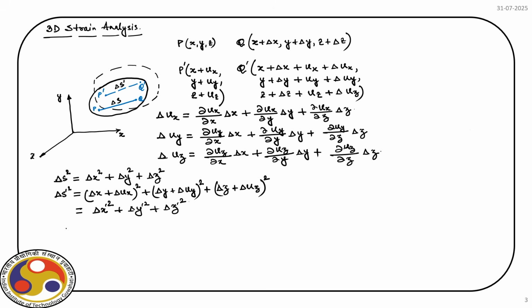So, if we can quantify this delta x prime, what we have is delta x plus delta ux.